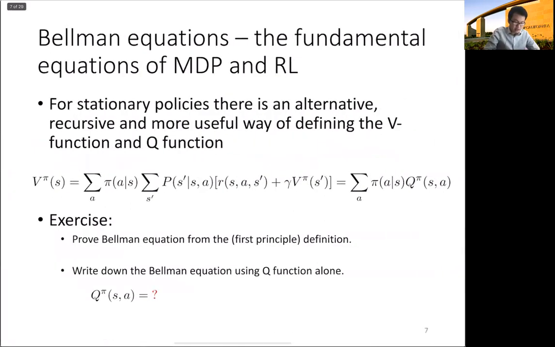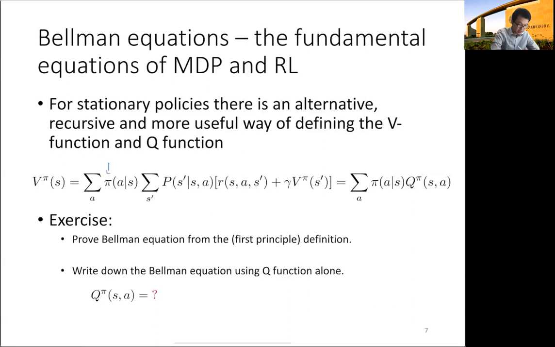Okay, and then towards the end of the last lecture, we got to the part on Bellman equations. These are the fundamental equations of Markov decision processes and reinforcement learning. For stationary policies, things are quite nice. When we restrict ourselves to stationary policies, we can define the V pi function, the value function of pi, recursively using this formula.